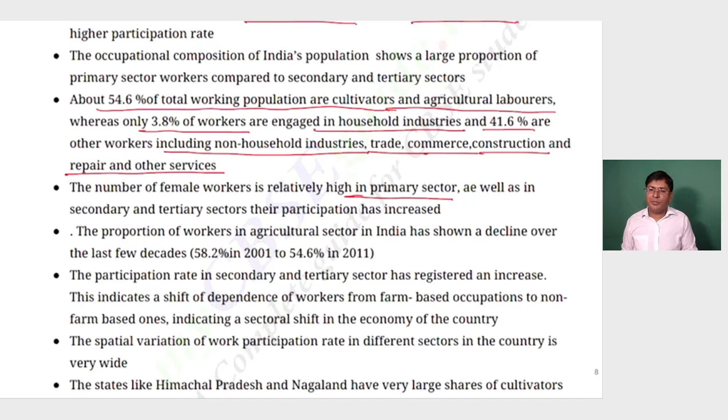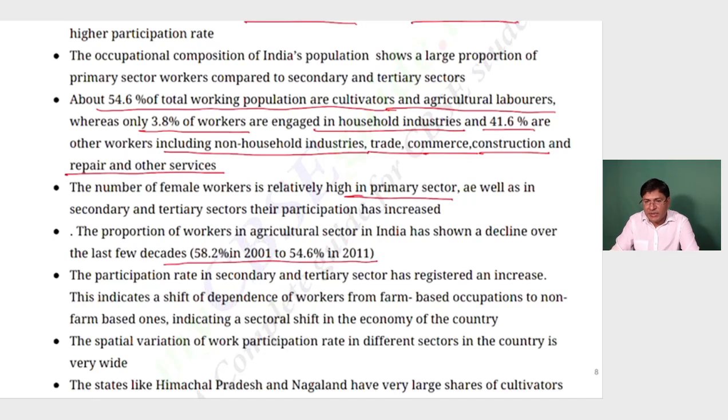द प्रपोर्शन ऑफ वर्कर्स इन एग्रीकल्चर सेक्टर इन इंडिया हैज शोन अ डिक्लाइन ओवर द लास्ट फ्यू डिकेड्स. 58.2 in 2001 to 54.6 in 2011. And now there is one trend in the working sector of the population.